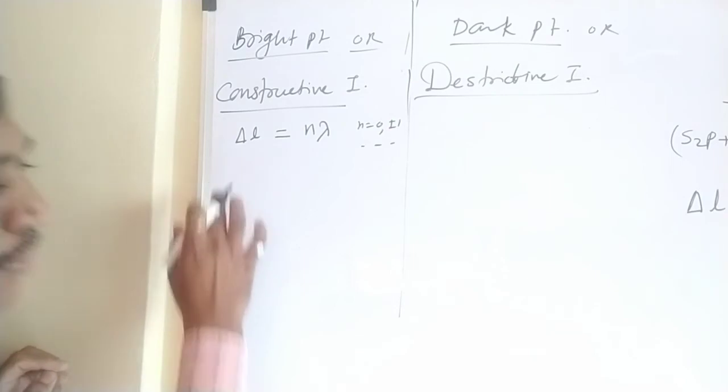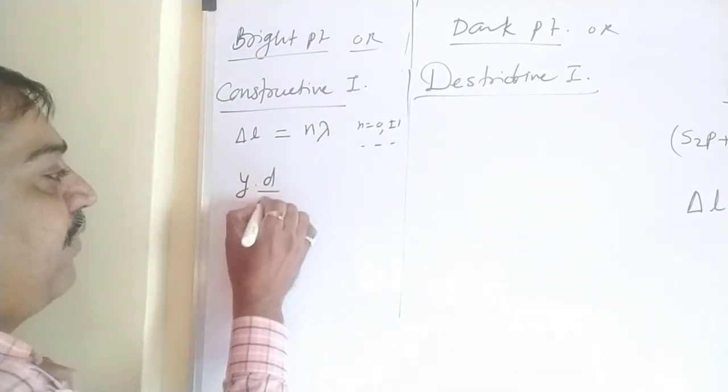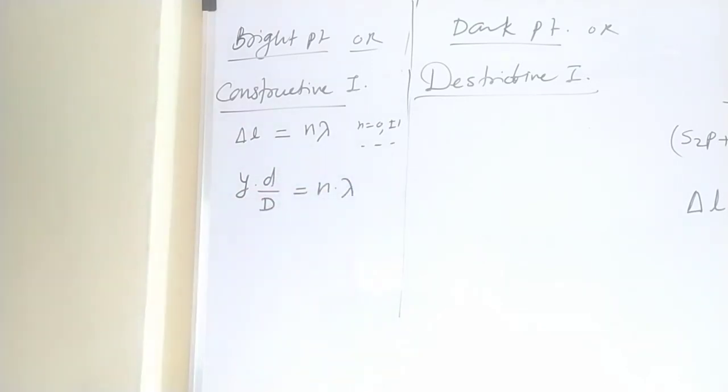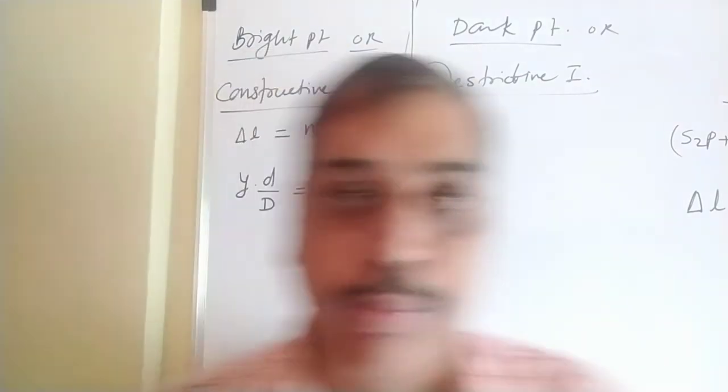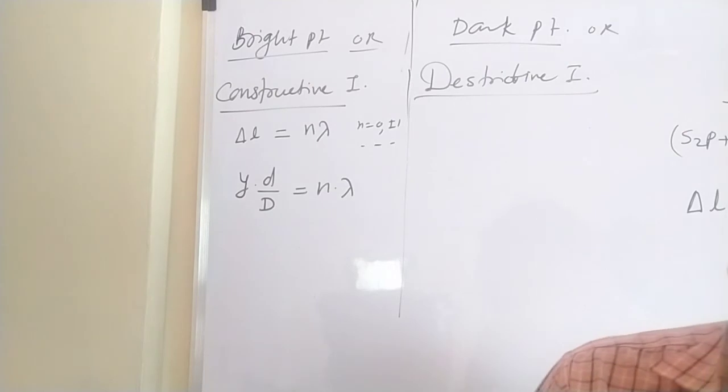Now let's put the value of delta L from that equation. It comes to be y into d divided by D equal to n into lambda. If this condition is satisfied, we can say the point is the bright intensity point, or constructive interference has occurred.